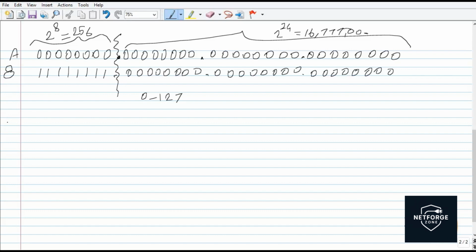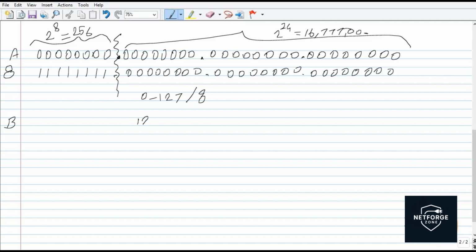So let's talk about class B. In class B, I put the barrier in the second octet. Actually, they have 16 bits masked with the subnet mask. So if you see class B, this is going to be /16. I just write a slash, and after that I write the number of bits that are masking my IP address.